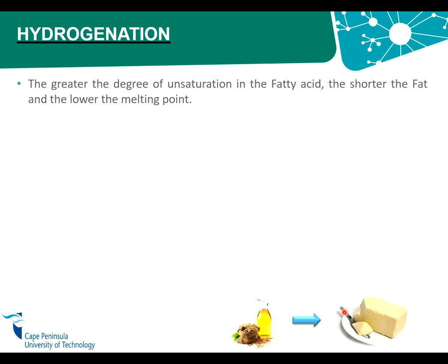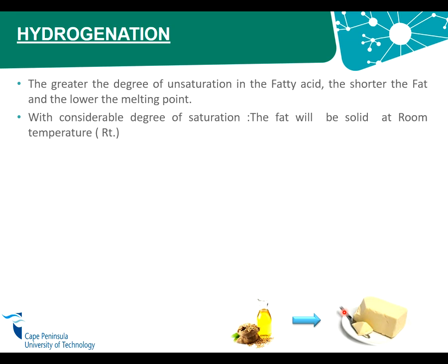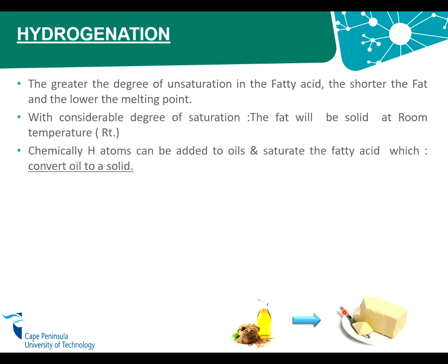We know that the greater the degree of unsaturation in the fatty acid, the shorter the fat and the lower the melting point. So with a considerable degree of saturation, the fat will be a solid at room temperature. Chemically, hydrogen atoms can be added to oils and saturate the fatty acid, which will convert the oil to a solid.